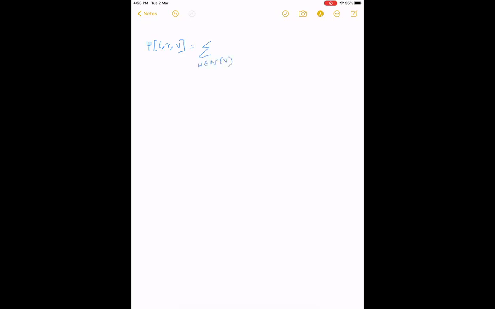W in neighbor of V, V is not equal to P. Then I look at the polynomial which is for I. This one, W, J. If this is equal to P, then I look at this.